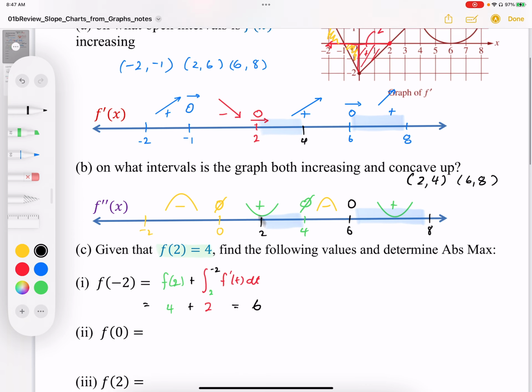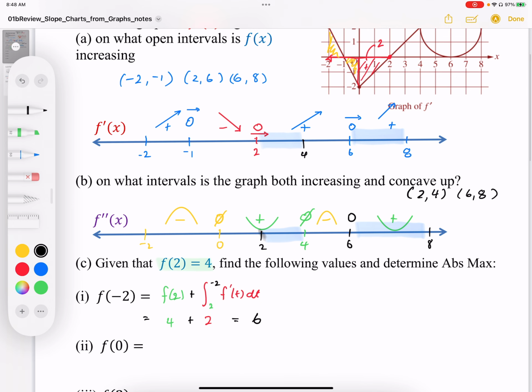So f of 0, again, the starting point is going to be f of 2, which is 4, plus the area from 2 to 0. Again, notice that we are integrating right to left. In this case, that's going to be the same coordinate.